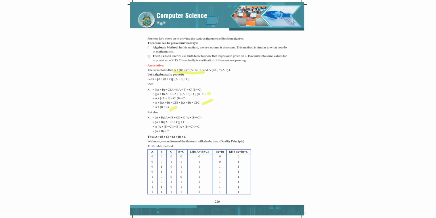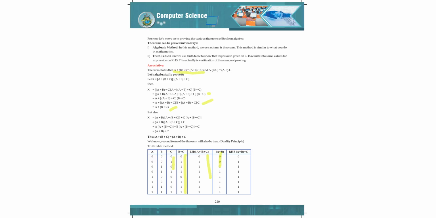Now you want to show this only. By truth table you can also solve it. If we say a plus b c, first we have to solve for the values of a, b plus c. What is your LHS? LHS says a plus b c. If you do a plus b c, b c is here, b plus c is here, and a is here. You have to use the OR operator here, and you will get these values. Now for this you want a plus b. You do a plus b and c is here. Okay.